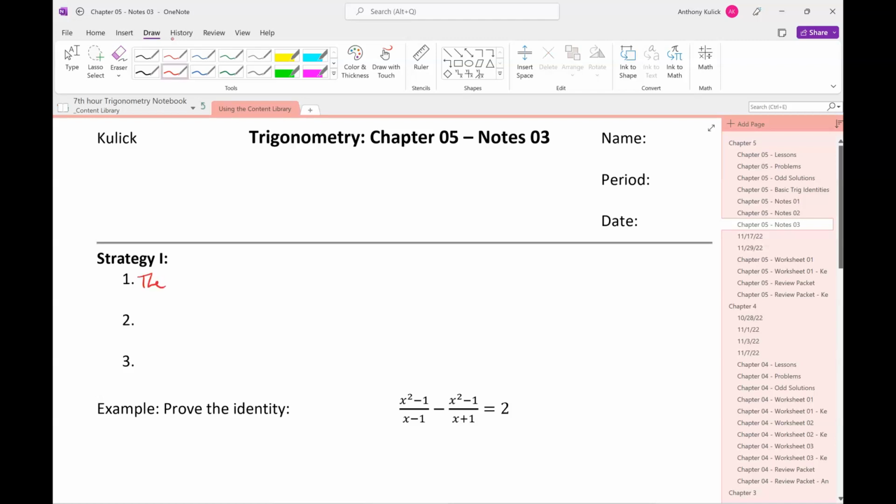So our proof begins on one side and ends when we get to the other side.